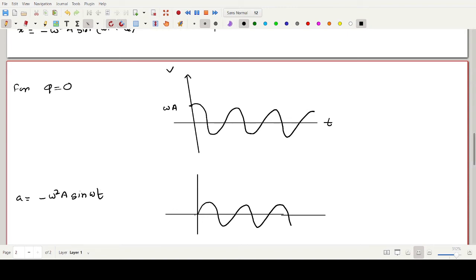So when t equals 0, it should be 0. When omega t equals, it should be upside down, there is a minus sign, right? Yes. So if there is a minus sign, omega t equals pi, then x equals what?